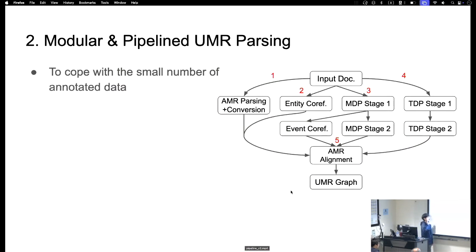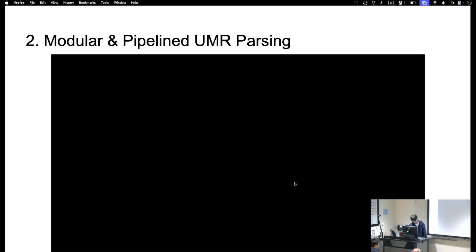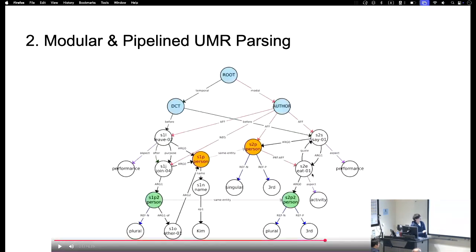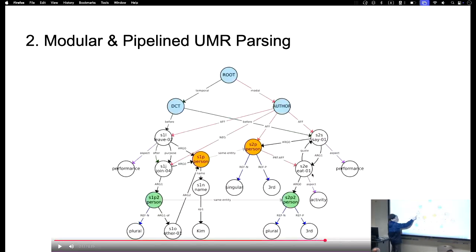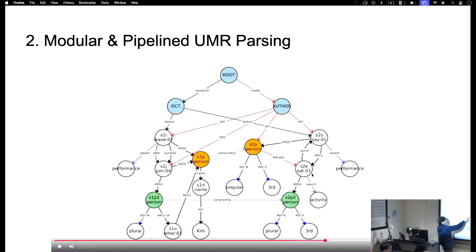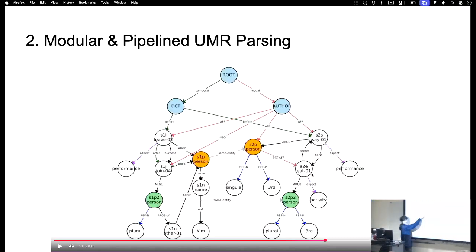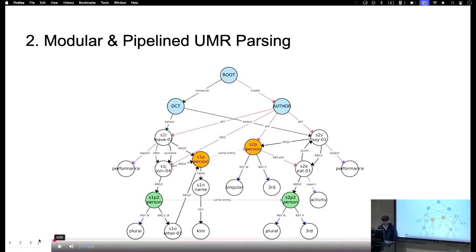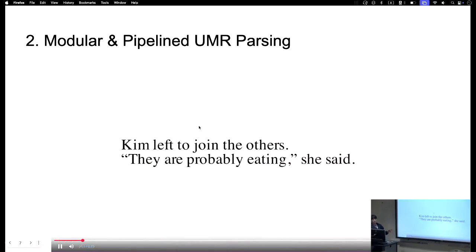We can see how leave-02 is here. You had the before and after. But these were not at the sentence level. These are document level relations. And only if we were able to align leave-02 to left can we make these after and before relations.